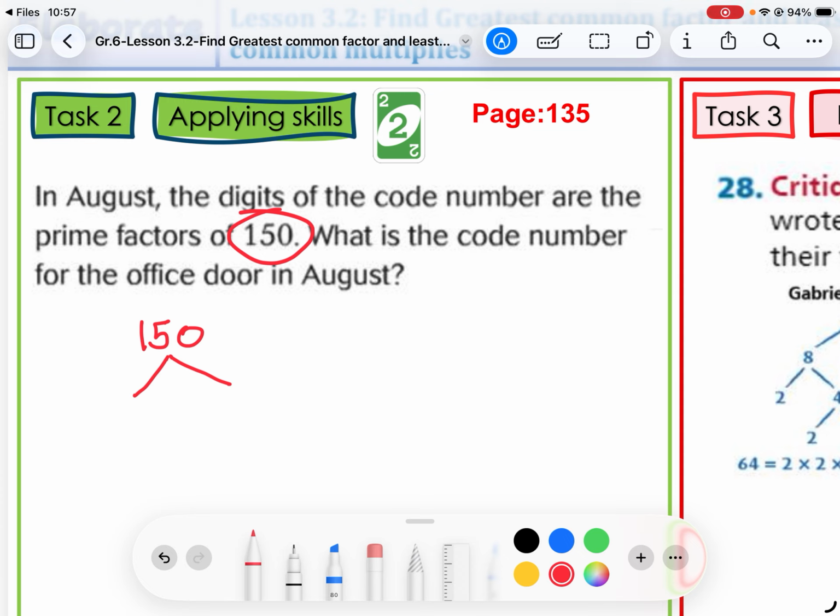Think of 15. What numbers if you multiply will give you 15? I can think of 3 times 5. And since I have a 0 in the product, one of them should include a 0. So I'm going to add the 0 to 3. So I know now 30 times 5 is equal to 150.